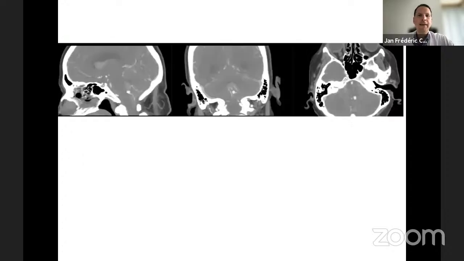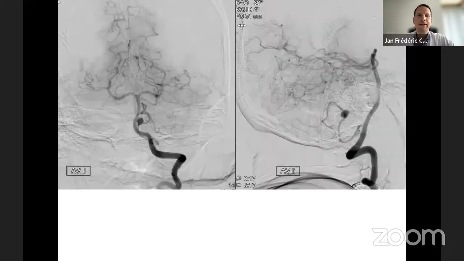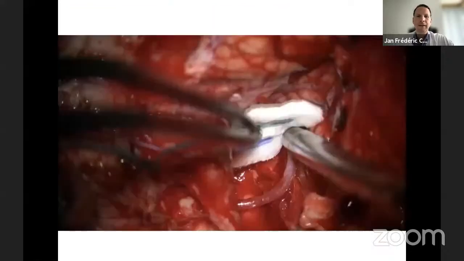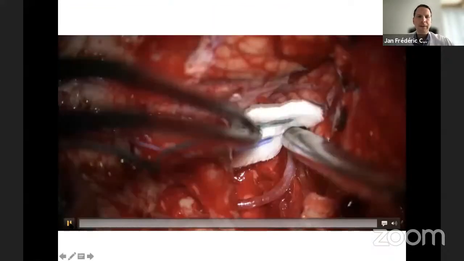And she had this distal PICA aneurysm. So she had a lot of blood in the fourth ventricle, and this is the angiogram. And after discussion with our neurological colleagues, we went for surgical clipping of this PICA aneurysm.